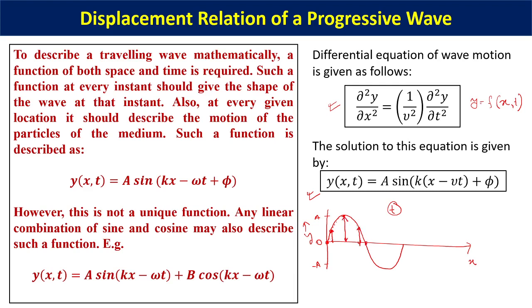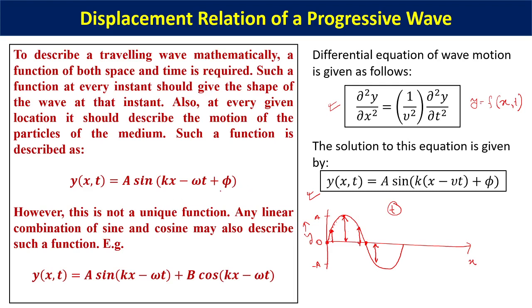The fifth particle may again be in the mean position. The sixth particle may be displaced in the negative direction of y, and so on. So this relation basically shows the displacement of different particles of a medium as the wave progresses through that medium. Essentially this relation itself is known as the displacement relation of a progressive wave.